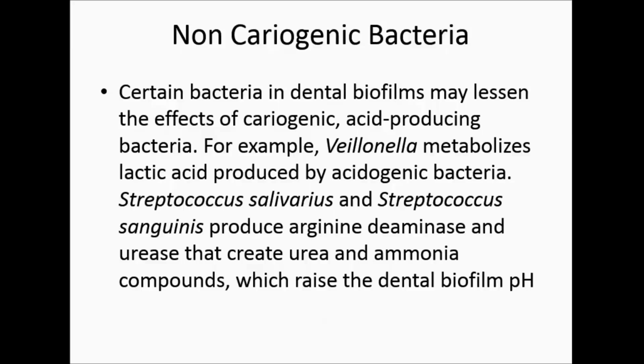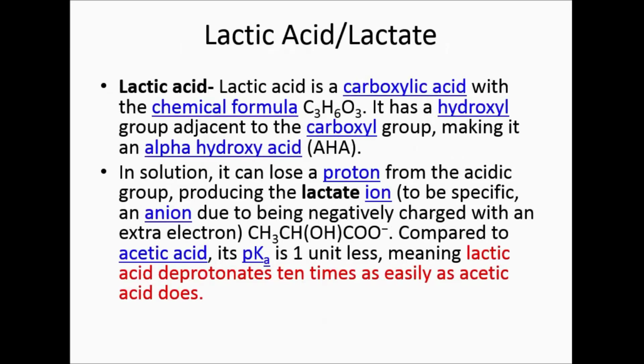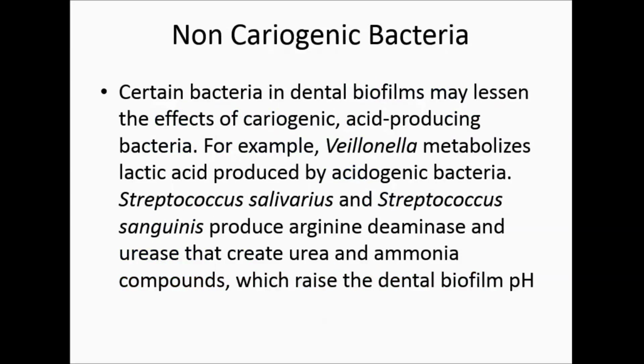Again, recall that our two major cavity-causing bacteria, Streptococcus mutans and Lactobacillus, are homofermentative, meaning that the byproducts of metabolism for both of these bacteria is mainly lactic acid, which, if you recall, deprotonates 10 times as easily as acetic acid does. Streptococcus salivarius and Streptococcus sanguinis produce arginine deaminase and urease that create urea and ammonia compounds, which raise the dental biofilm pH, acting like a buffer.